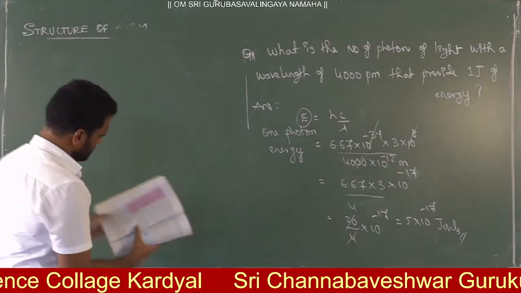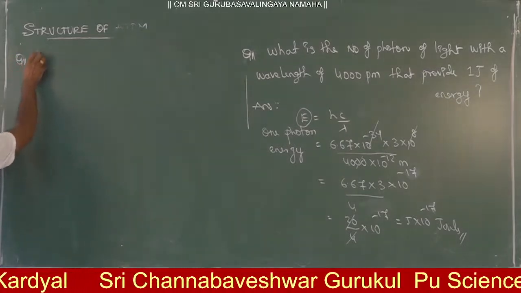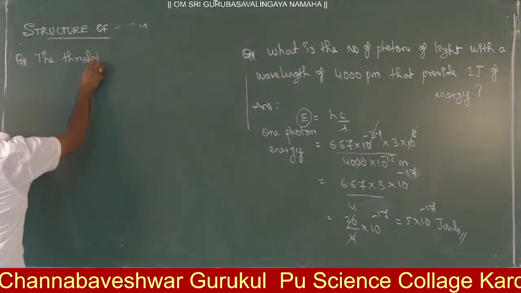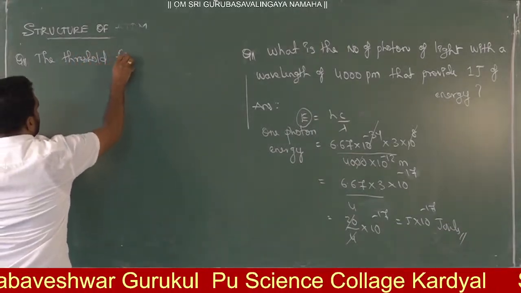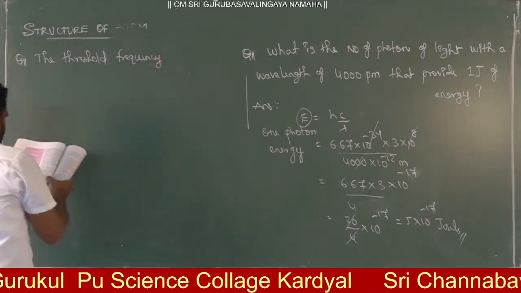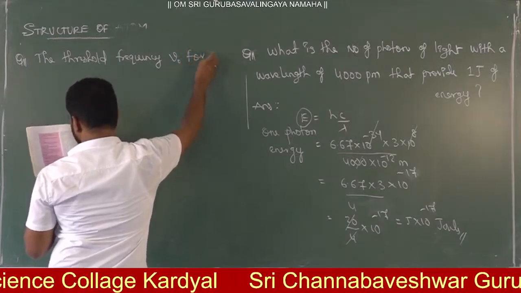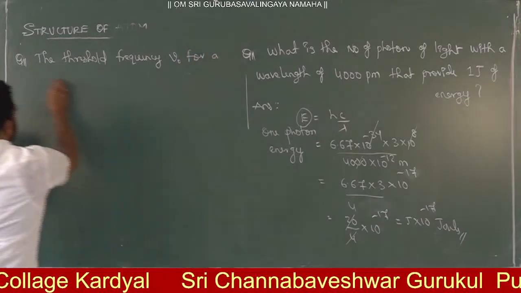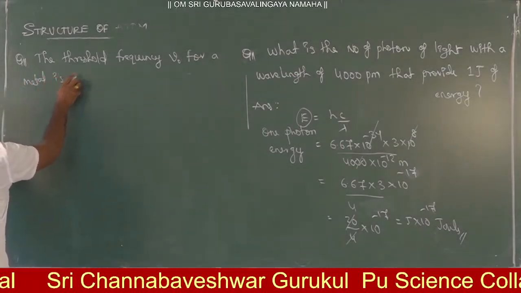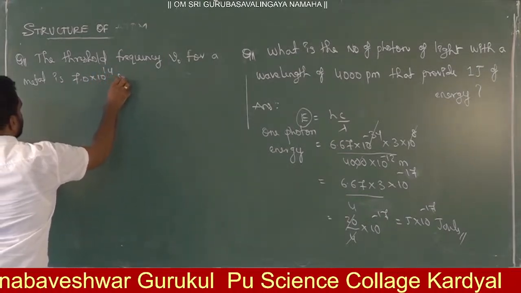Right, next last question. The threshold frequency, that is nu naught, for a metal is 7.0 into 10 power 14 second inverse.